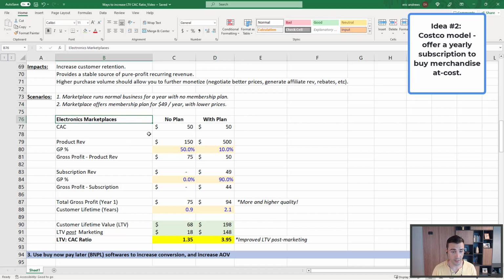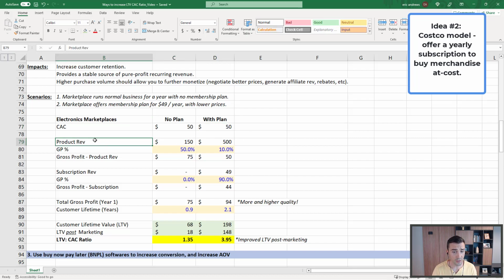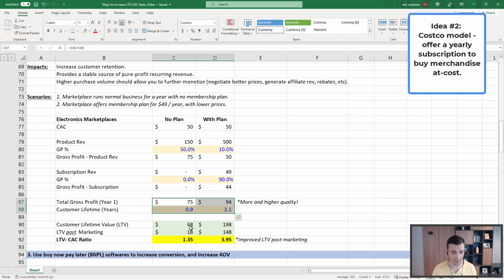So here we're saying that CAC is $50 to acquire a customer in either scenario. So we have a portion of our revenue that's from product revenue, people buying electronics, and a portion of our revenue that's from the subscription revenue, which is the membership. So that's only in scenario 2. Then we're going to look at the total gross profit and the total customer lifetime value and try to figure out which one's better and quantify this.